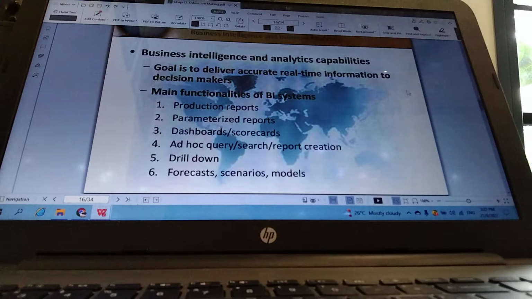Sometimes we do call scorecard, where all the required information, important information will be grouped together in one place, which is quite popularly known as dashboard or scorecard for the top management. Yeah, to have a quick summary, quick information, quick knowledge out as output from the system.